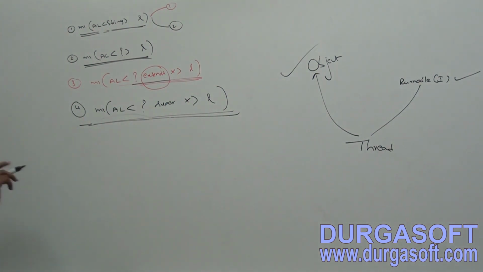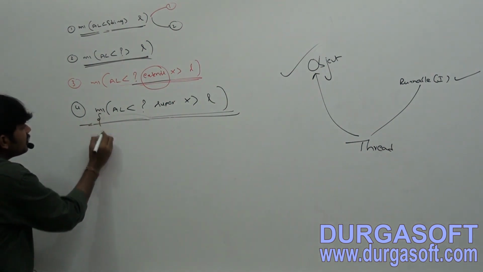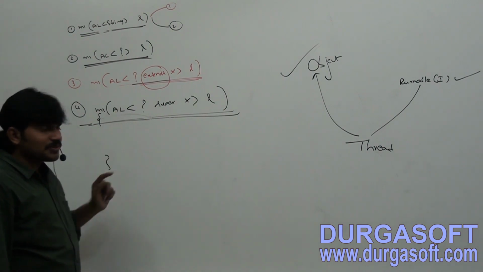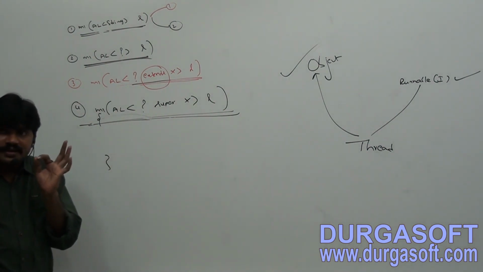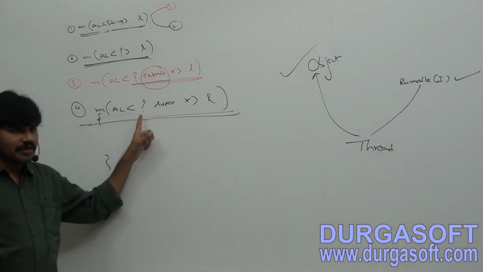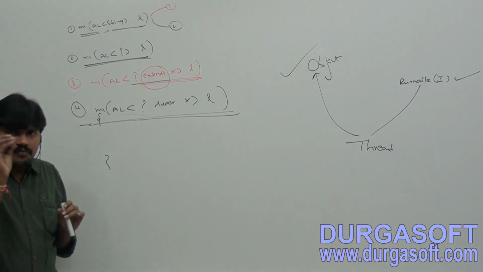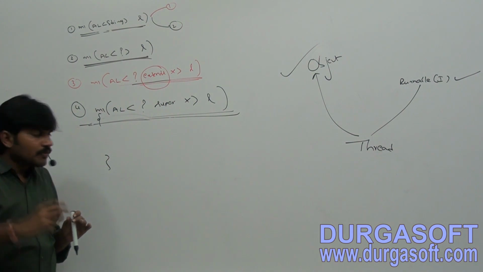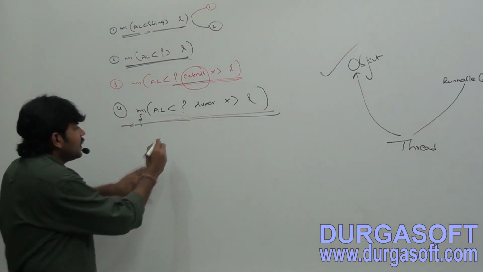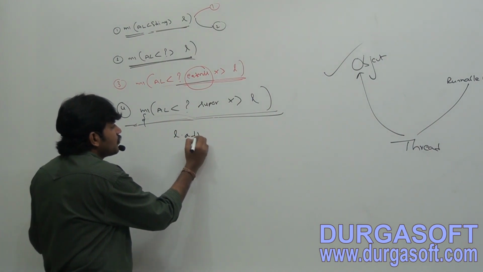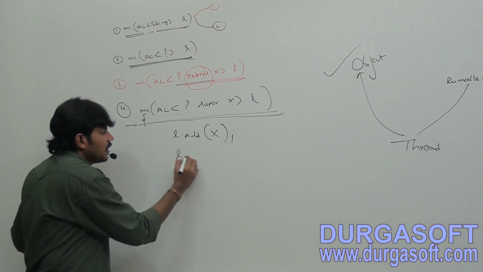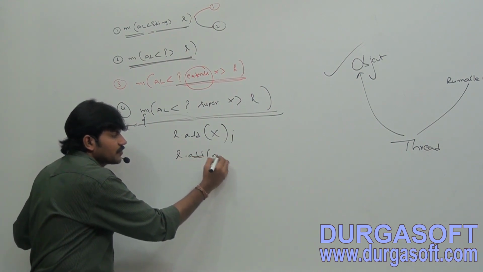Okay, next, one minute. Within this method, sir, there is one small flexibility. We can add null anyway. There is one small flexibility to the programmer: within the method, we can add x type of objects to the list, and null also.